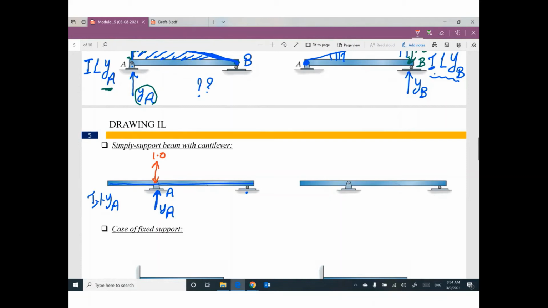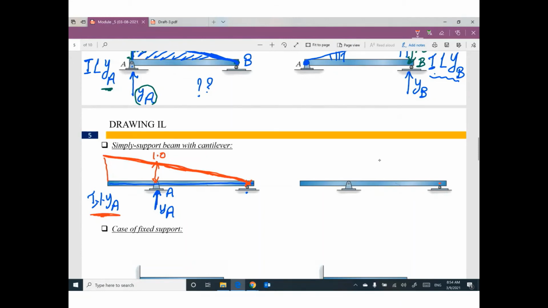Keep any other support as it is. The resulting shape, which looks like this, one line, can be called the influence line for YA.